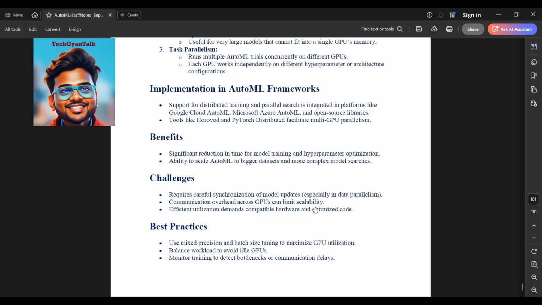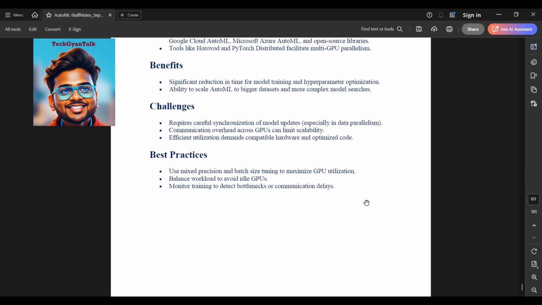And the benefits of parallelism across multiple GPUs are a significant reduction in time for model training and hyperparameter optimization, and the ability to scale AutoML to bigger datasets and more complex model searches. The challenges are that it requires careful synchronization of model updates, especially in data parallelism, and communication overhead across GPUs can limit scalability.